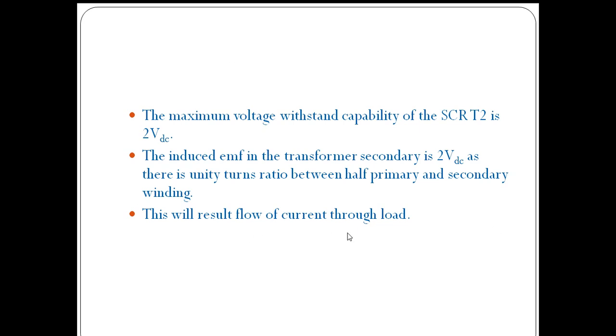So this will result in flow of current through the load. When we apply the DC source across this transformer through thyristor T1, the capacitor charges, and because of the transformer secondary, the load current will be flowing.